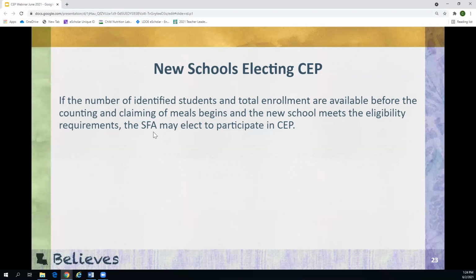And if they do, then they can participate in CEP. And in most years, this is very difficult because that data would have to be available and the school would have to have made the election before the June 30th deadline. This year, with that deadline being extended to September 30th, it may be easier for schools to elect CEP if they are a new school or new school system.